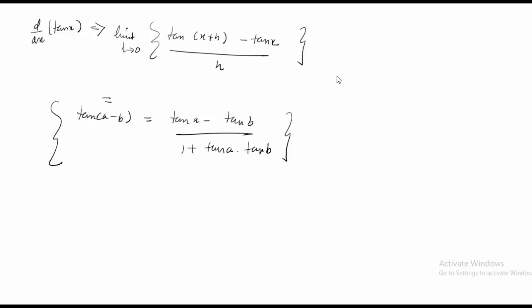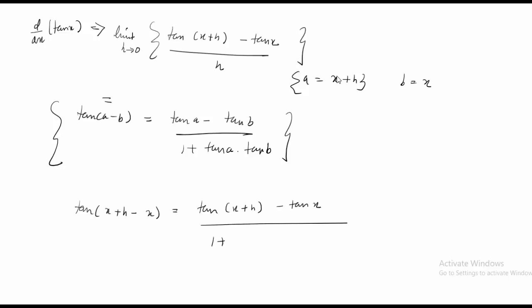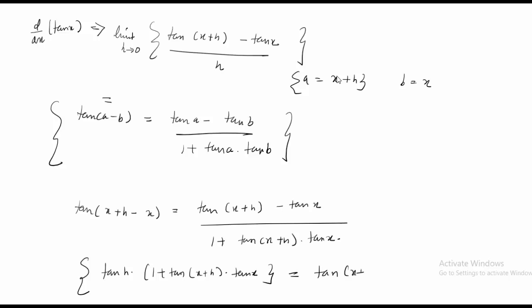This can be given as, if my a is equal to x plus h and my b is equal to x, then tan of h is equal to tan of x plus h minus tan of x, divided by 1 plus tan of x plus h into tan of x. So tan h into 1 plus tan of x plus h into tan x, the whole thing, is equal to tan of x plus h minus tan of x, which you can substitute here.